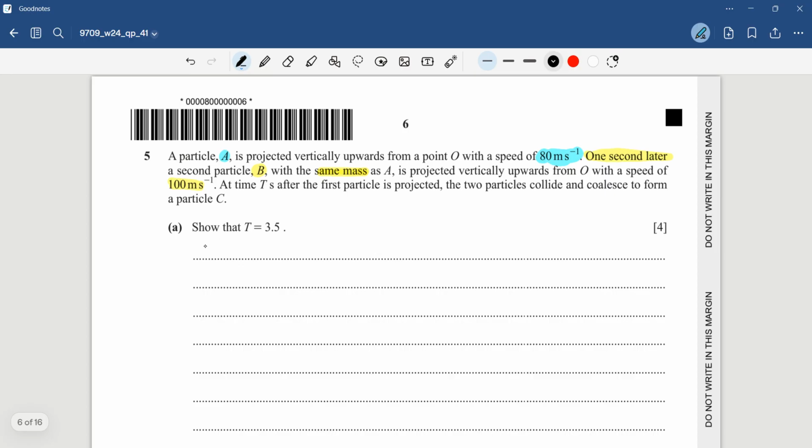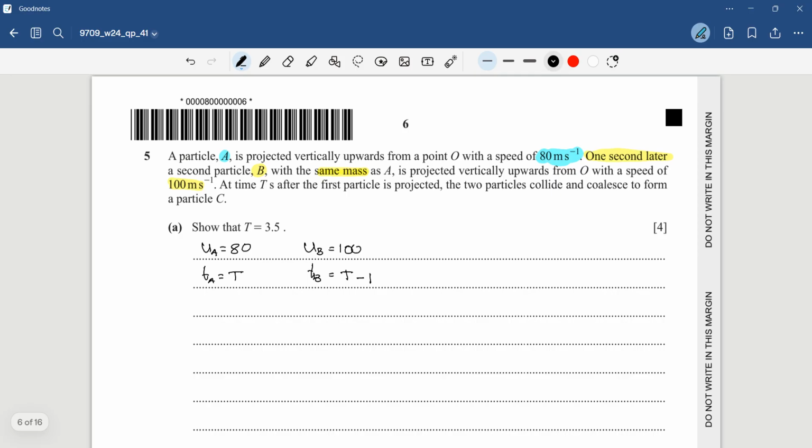Okay, so for the first part, my UA is equivalent to 80. So the time that A travels before the collision is T. Similarly, for UB will be 100, and the time until they collide will be T minus 1, because particle B is projected 1 second later.